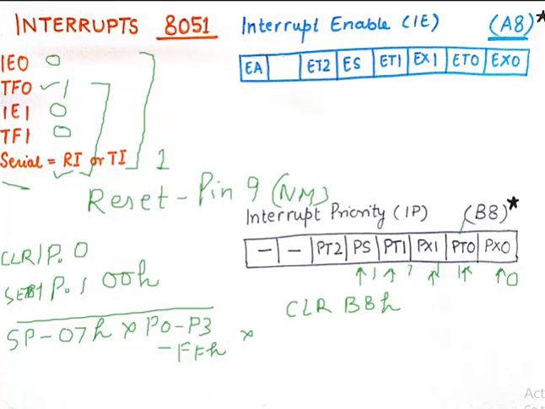The rationale behind it is that whenever the microcontroller is booted up, the stack pointer always points at 07H, because that's the start of the stack, and all the ports are input ports, and input ports are made by keeping all the port pins as 1. So FF corresponds to that.